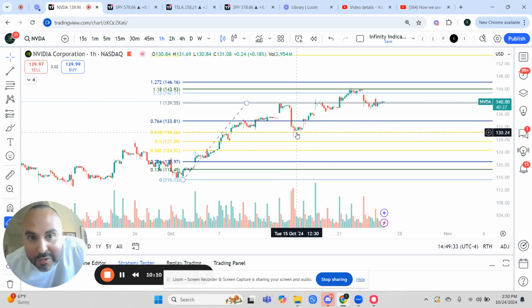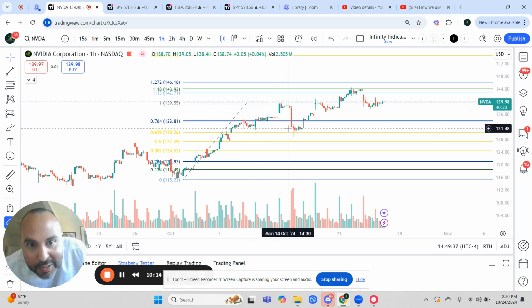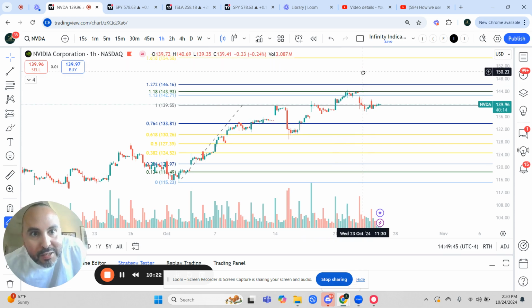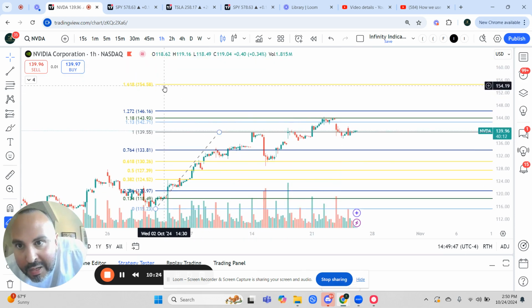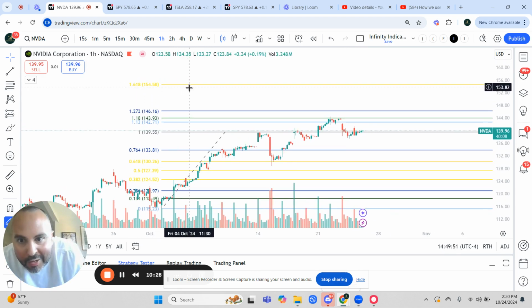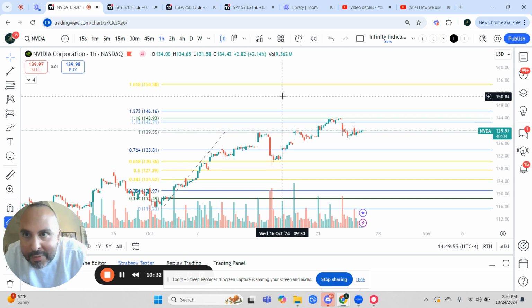So what are we looking for on this target? Well, it did come down to this blue line here, but look, it hit the yellow line. So my target is not quite 146, but it's actually 154. It's 154.50 area. So that'll be my next target on NVIDIA.